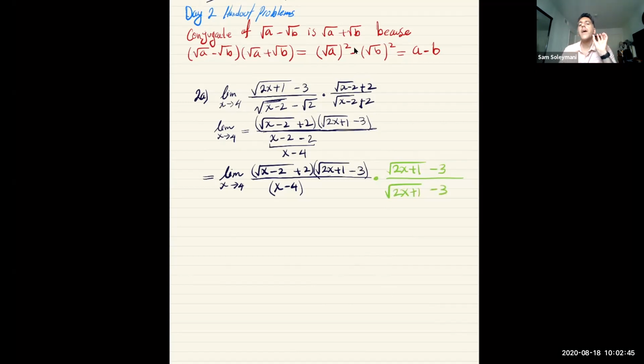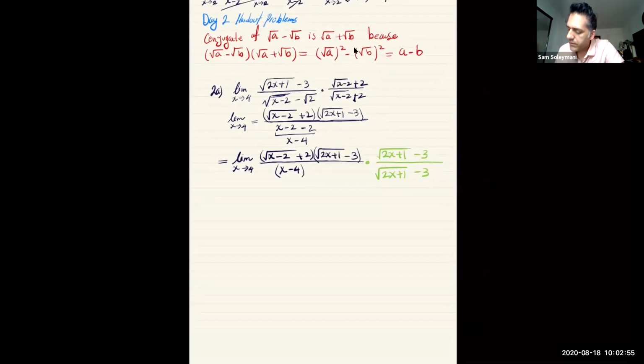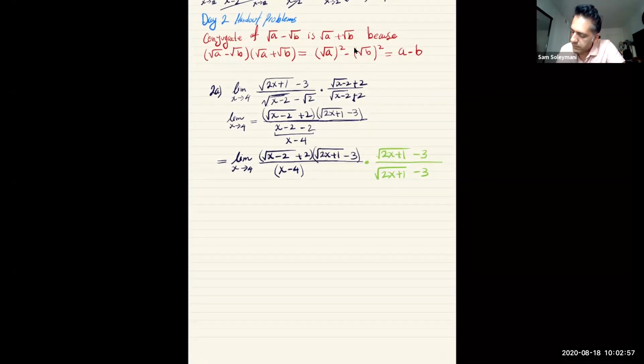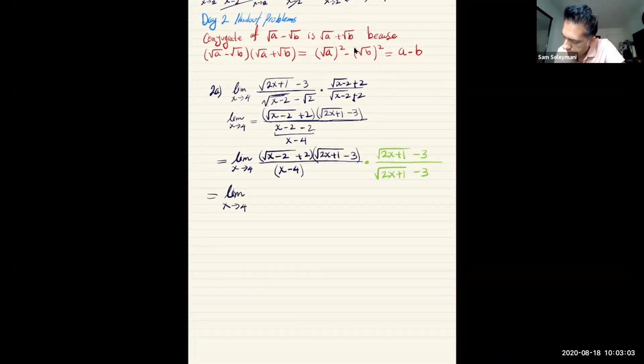Every time you have a 0 over 0, multiply by the conjugate of the expression that gives you the 0. So here we get the limit as x goes to 4 of root x minus 2 plus 2.